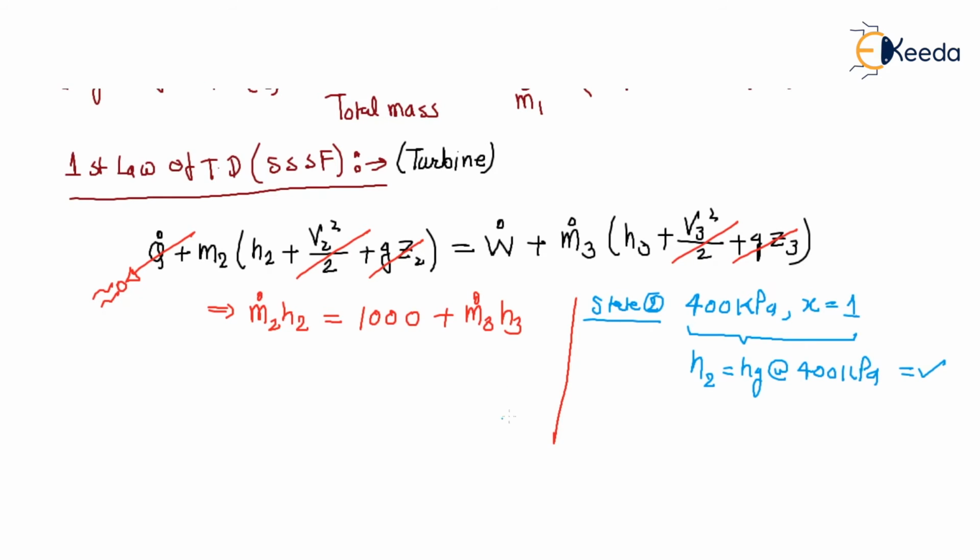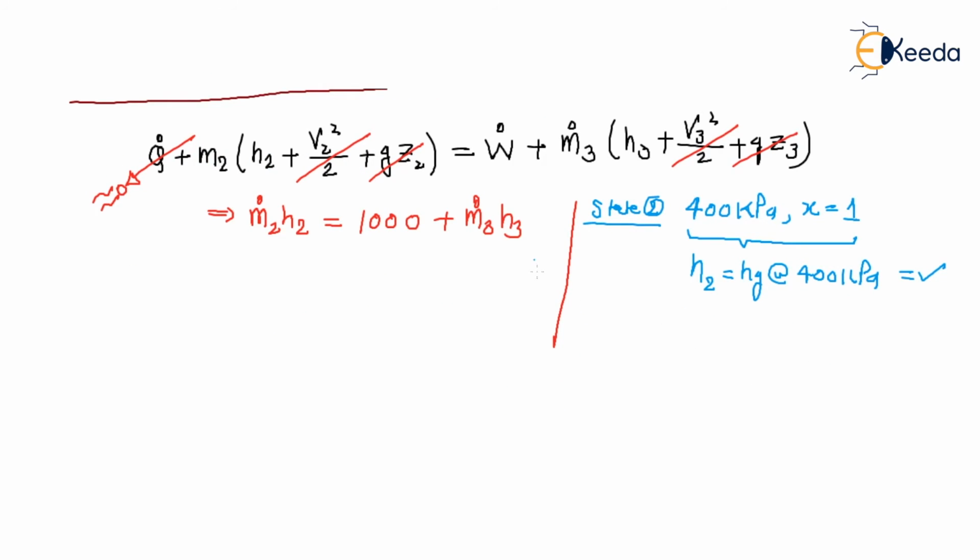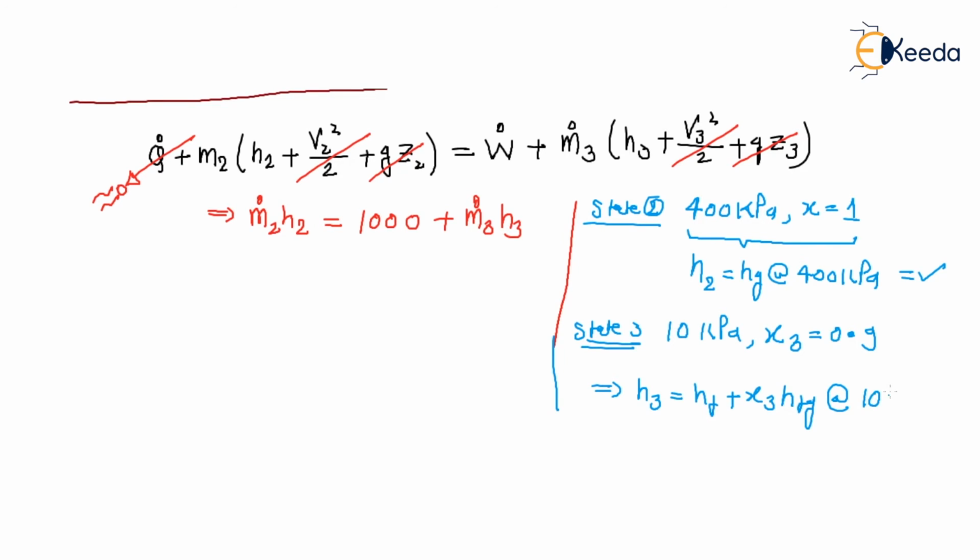What is state 3? State 3 is the exit from the turbine, at 10 kilopascal. And what is the condition? x3, the dryness fraction, is 90%, so 0.9. For that we find h3, which is hf plus x3 hfg at a pressure of 10 kilopascal.